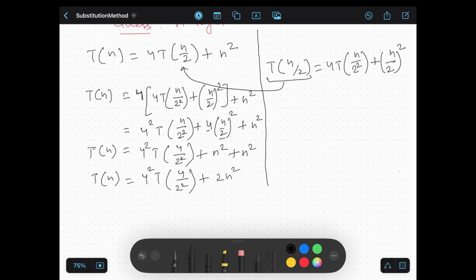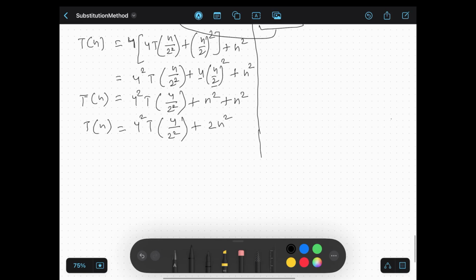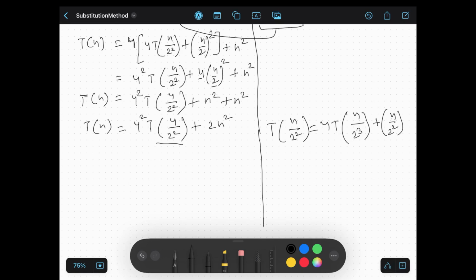Okay, let's do the second step of substitution, which is n upon 2 square for this, which will be 4T of n upon 2 cube plus n upon 2 square whole square.